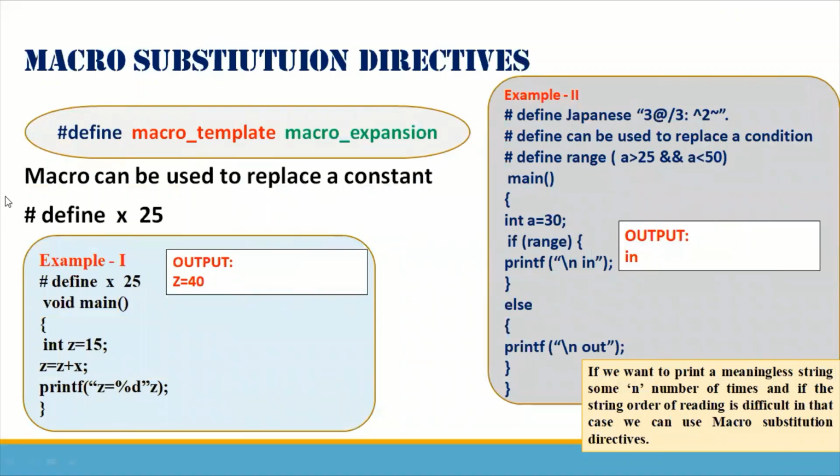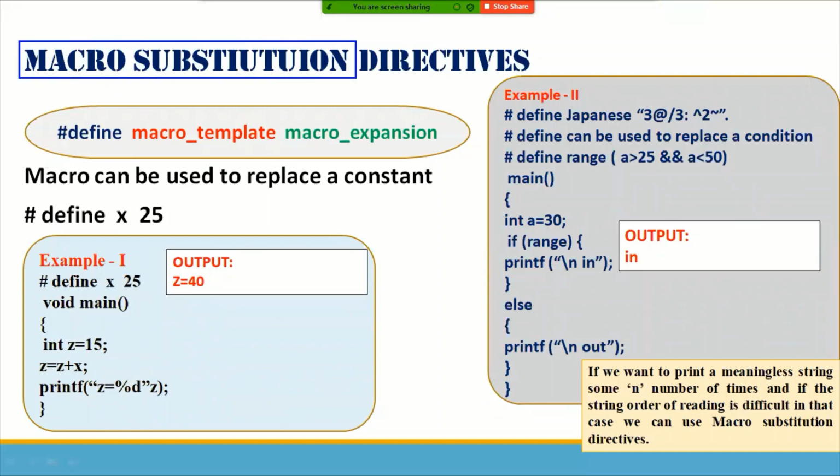Now coming to the first one, macro substitution directives. The syntax is first #define. All macros need to be defined with the help of the #define preprocessor directive, followed by a symbol that is called the macro template.